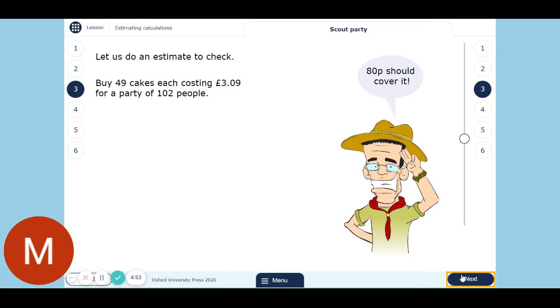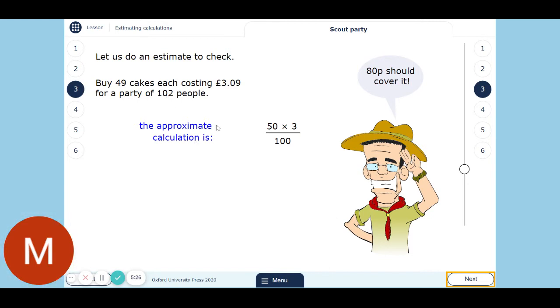So 49 cakes is going to round to 50. £3.09 we can round to £3. And 102 people can round to 100. So that's 50 times 3, because that's how much the cakes cost in total. You've got the number of cakes times the cost, and then divided by 100 because the cost is being shared between these 100 people.